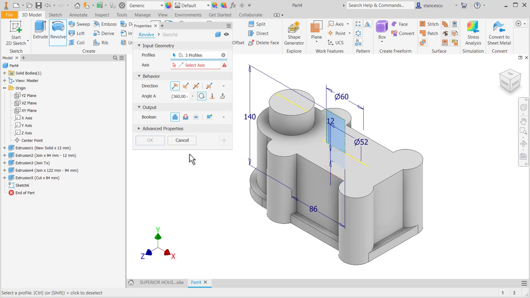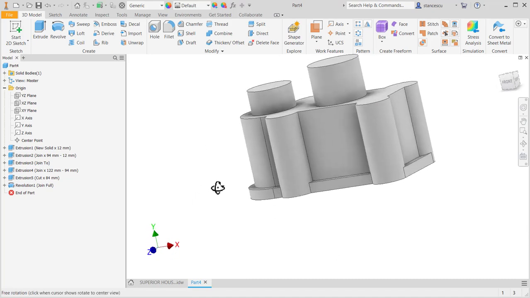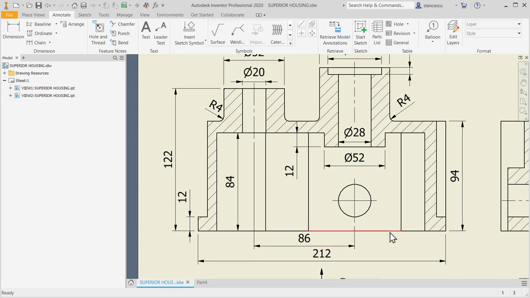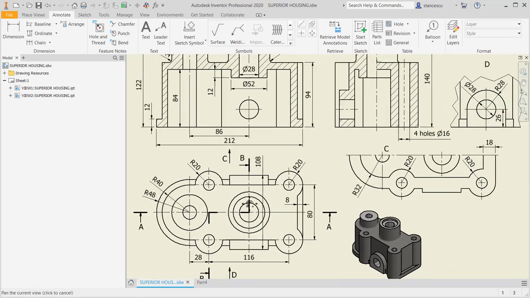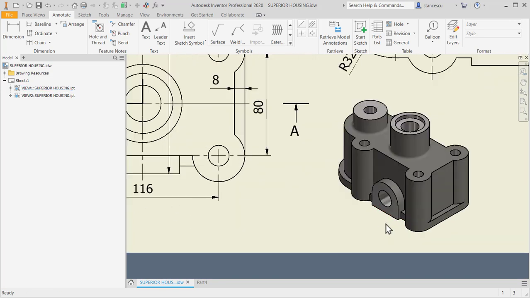This is to be revolved. Axis is known. Okay, you see what we have here. Another external volume is this one, or this one.